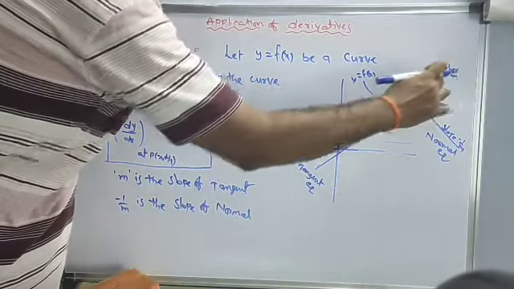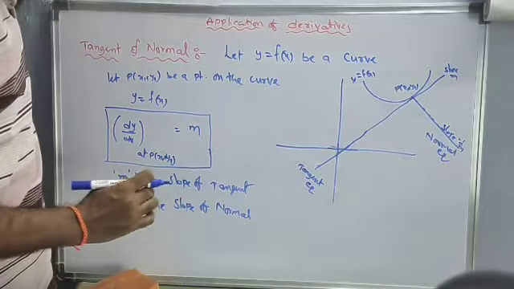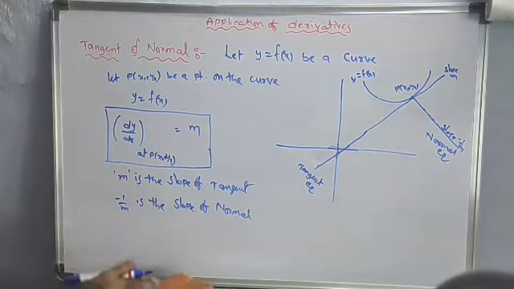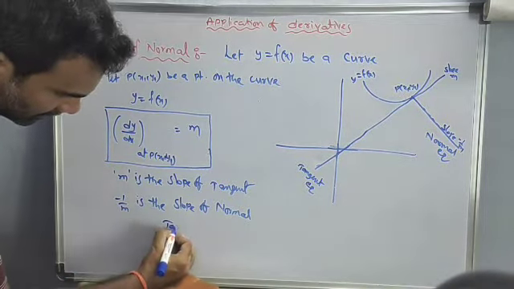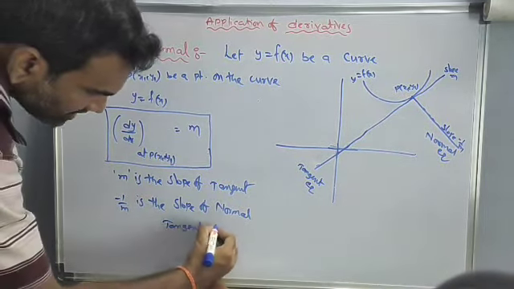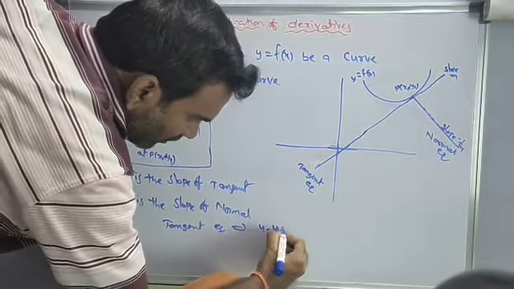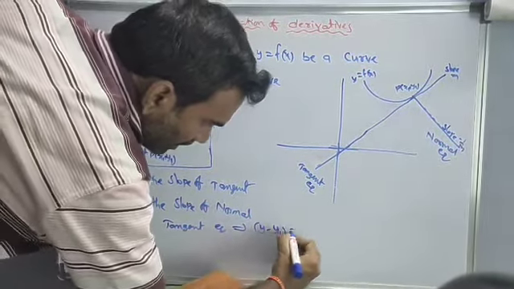Now you have the slope and point. What is the tangent equation? y minus y1 equal to m into x minus x1. Here I am writing the tangent equation: y minus y1 equal to m into x minus x1.